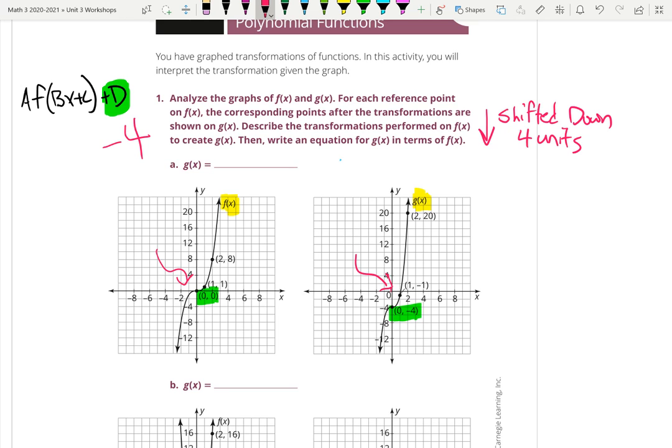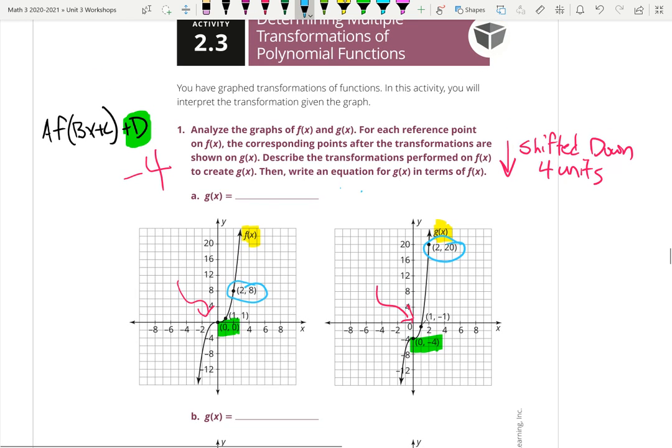We also have to see how 2/8 became 2/20. Now, it didn't shift left or right at all. How do you turn an 8 into a 20? Well, I have to remember that I'm minusing 4. I know that 8 times 3 is 24. And when I take away the 4, that's going to give me that same output.